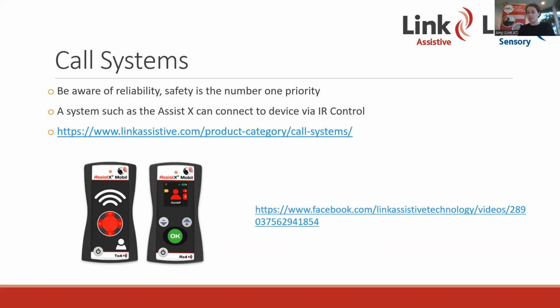There is a video on our Facebook page for that. But call systems is one that I'd be really wary of reliability, really wary of safety, and just making sure that connections are stable. So if it relies on internet, is the internet going to drop out at a critical time? Those kinds of things.